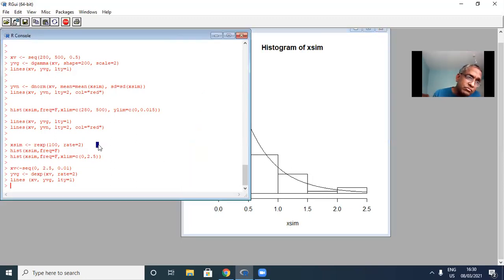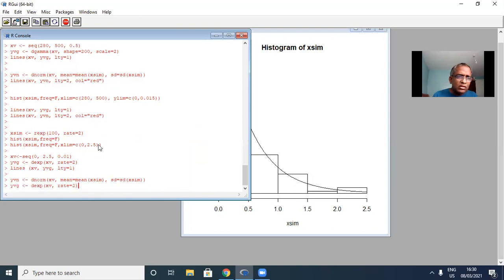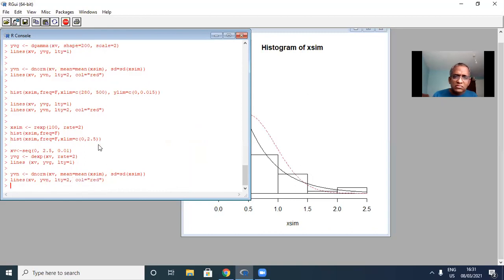Okay, now let me, as I did earlier, also plot the density of the normal, and let's see how it looks. So this is the density of the normal, right? Then I want to plot this.